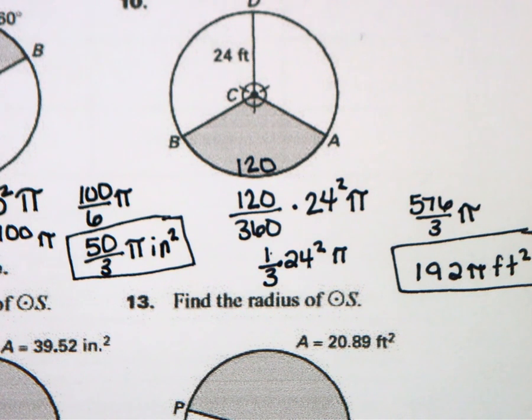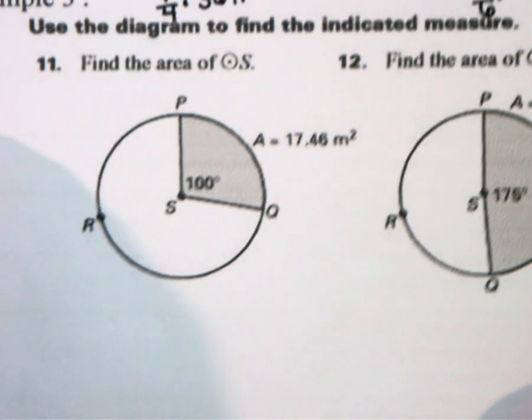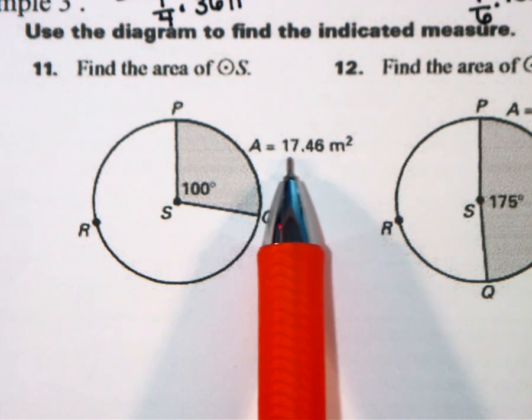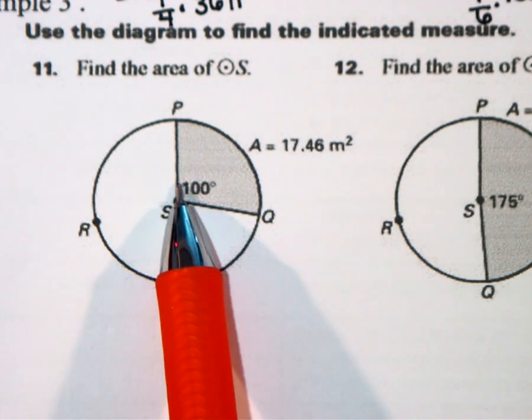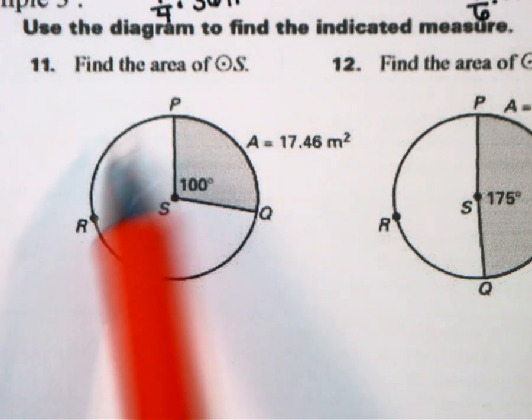Okay, last type here, example 3. So example 3 at the bottom, hopefully I don't make you sick doing this real fast. So example 3, this is asking you to do something that's a little bit different. It's giving you the area of this sector, and it's wanting to know what is the area of the whole circle.